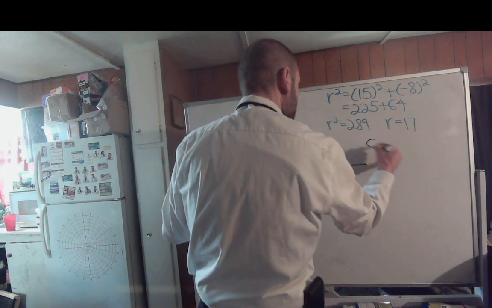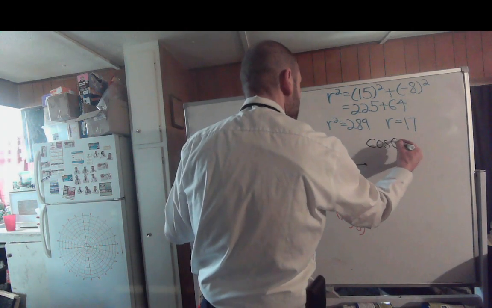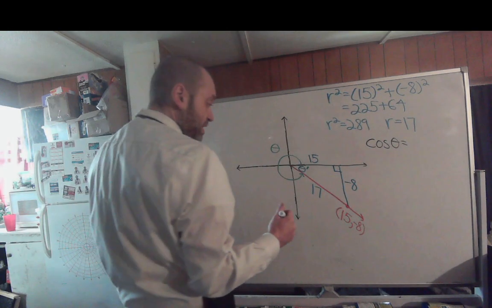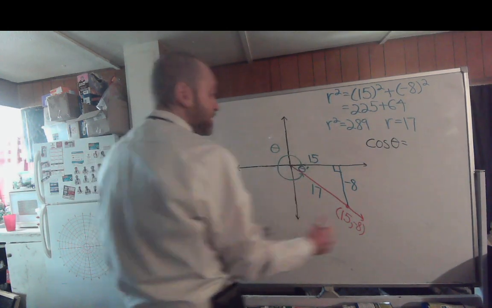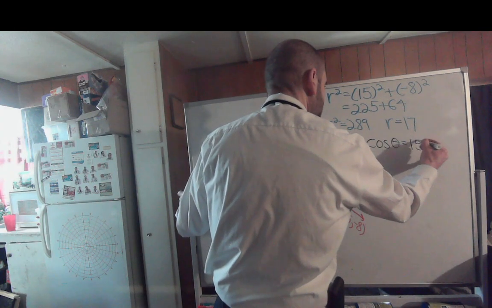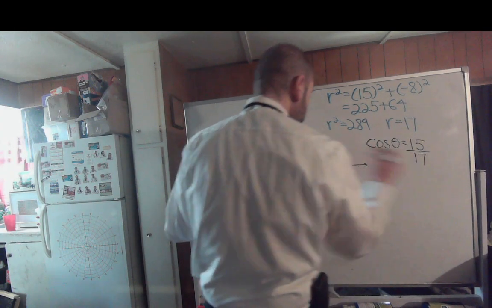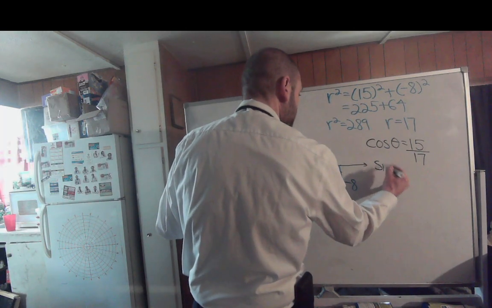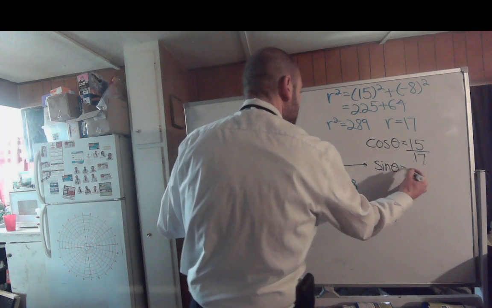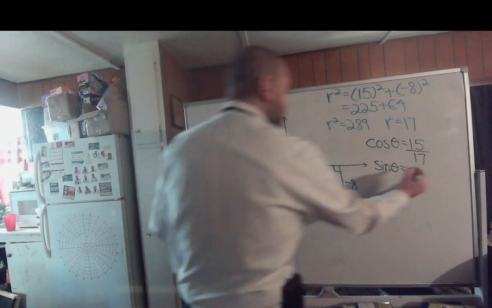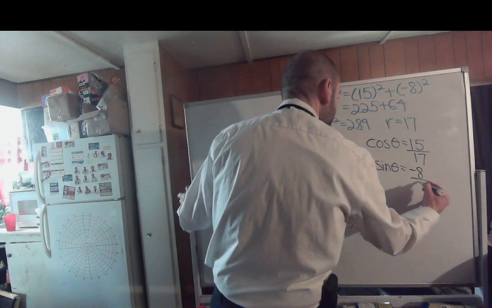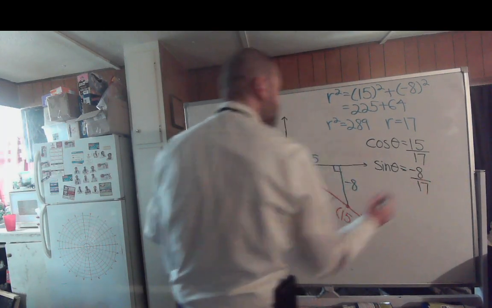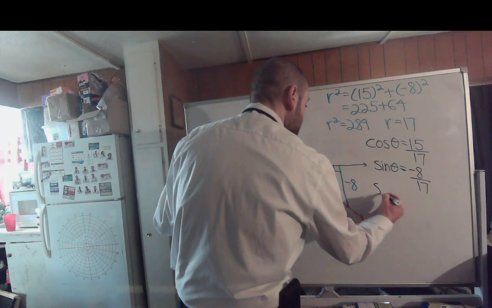So let's see, the cosine of theta, that's going to then be adjacent over hypotenuse, so that would be 15 over 17. The sine of theta equals the opposite over hypotenuse, so that would be negative 8 over 17. Now let's find the secant of theta.